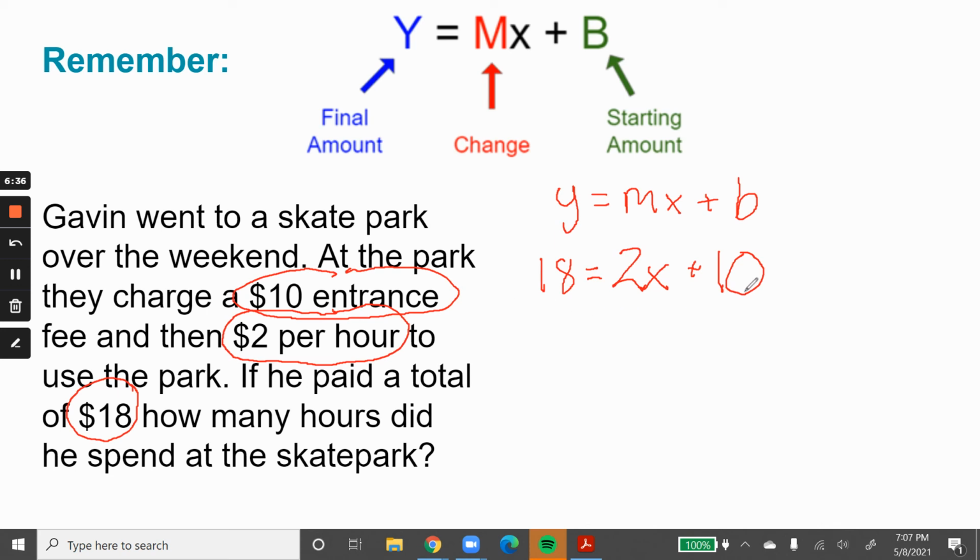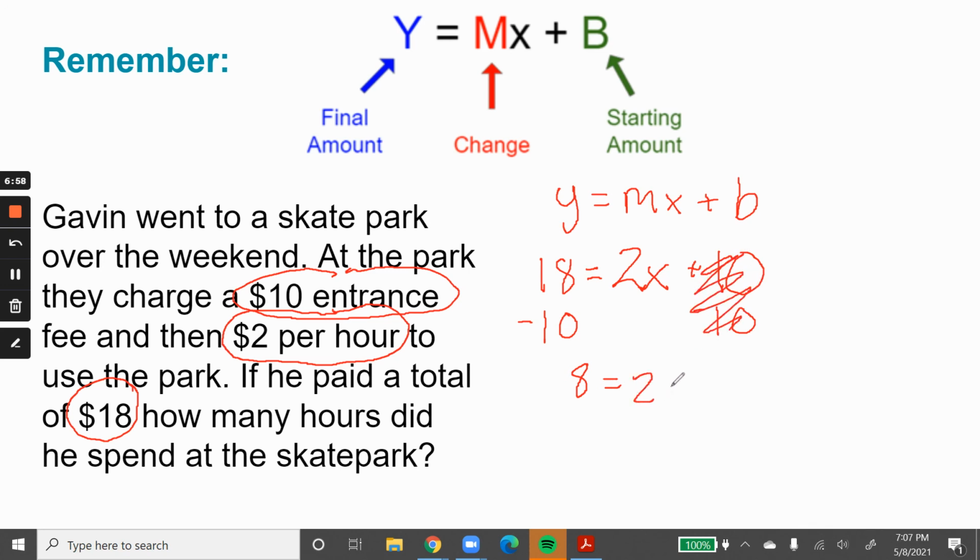Now we have a two-step equation, and we can solve it like we did last unit. The opposite of plus 10 is minus 10 from each side. 18 minus 10 is 8 equals 10 minus 10 is 0.